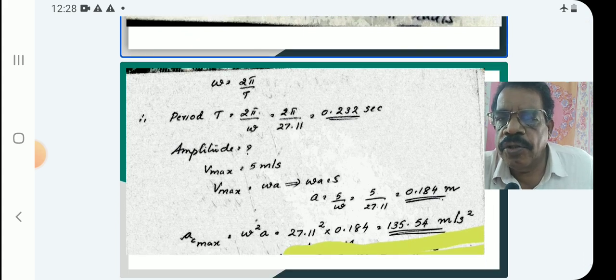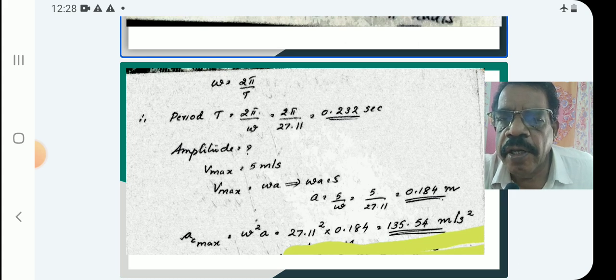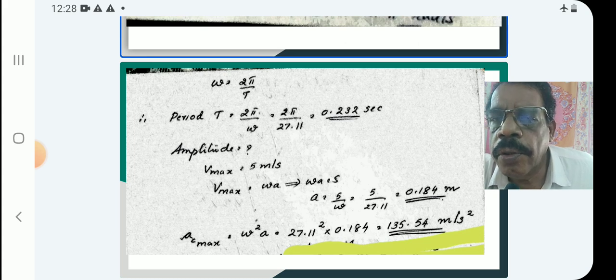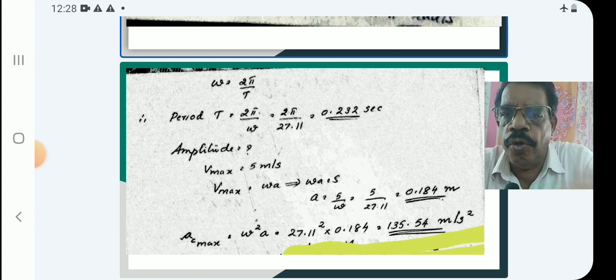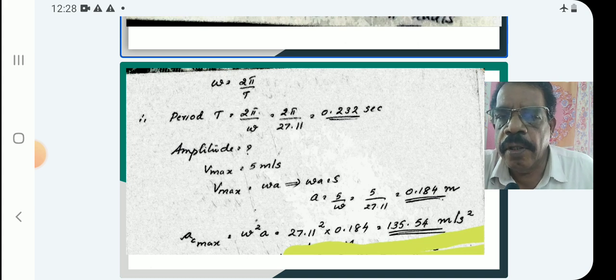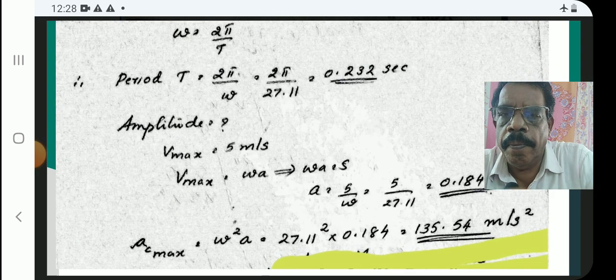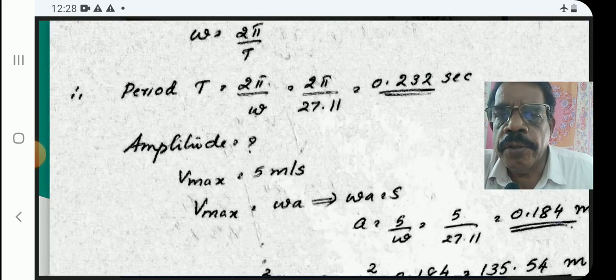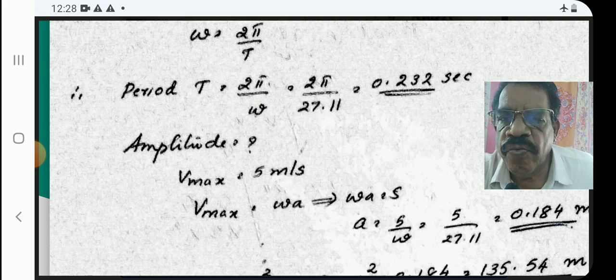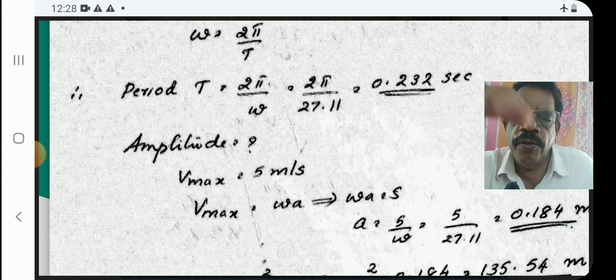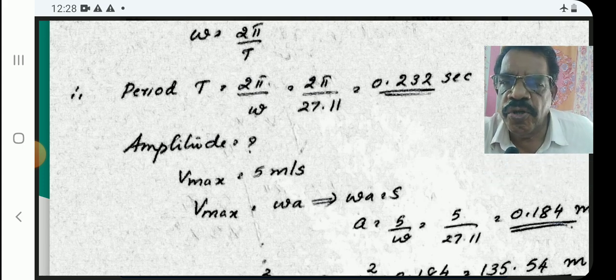Now, omega is 2 pi by T, T is 2 pi by omega, that is 2 into pi by 27.11, that we get 0.232 second. It is 27.11, not 27.4, it is 11. You correct it. I read it as 27.4. It is 27.11.